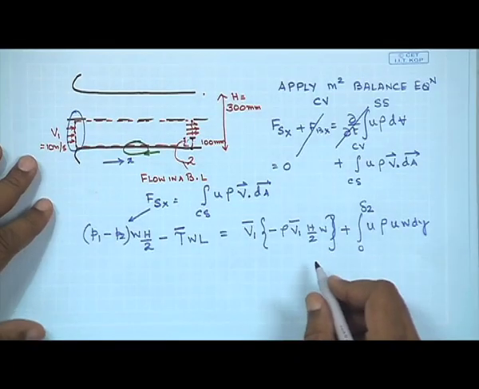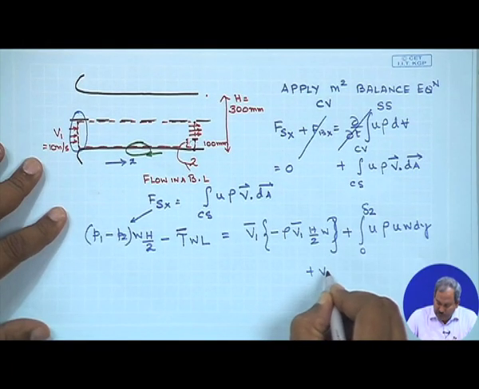And there would be another part which is outside of the boundary layer, which will vary from h by 2 minus delta, that will have the flow which is moving out of the control volume at a constant velocity. So I'll write the second part as well.